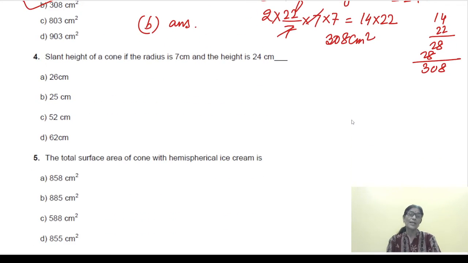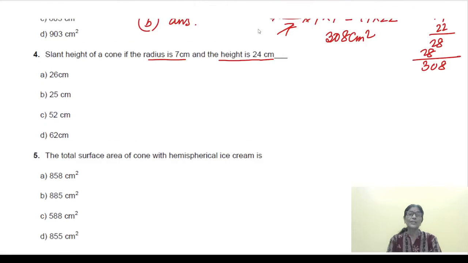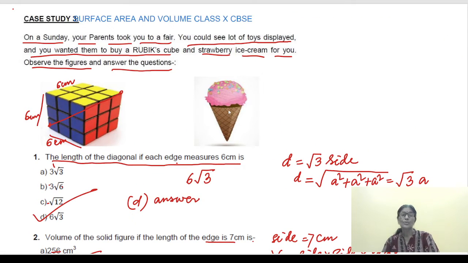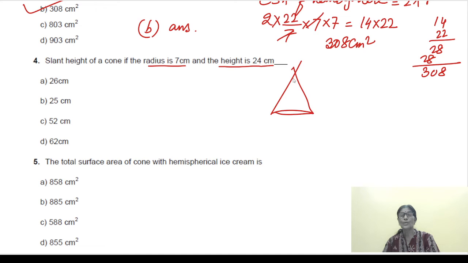Now coming to slant height of a cone. Slant height of a cone of radius 7 centimeter, height is 24 centimeter. Let us go back to the cone once. In the cone, if this is your radius and this is your height, this one is slant height. So we can apply the Pythagoras theorem. Let me draw a cone, height h, radius r.